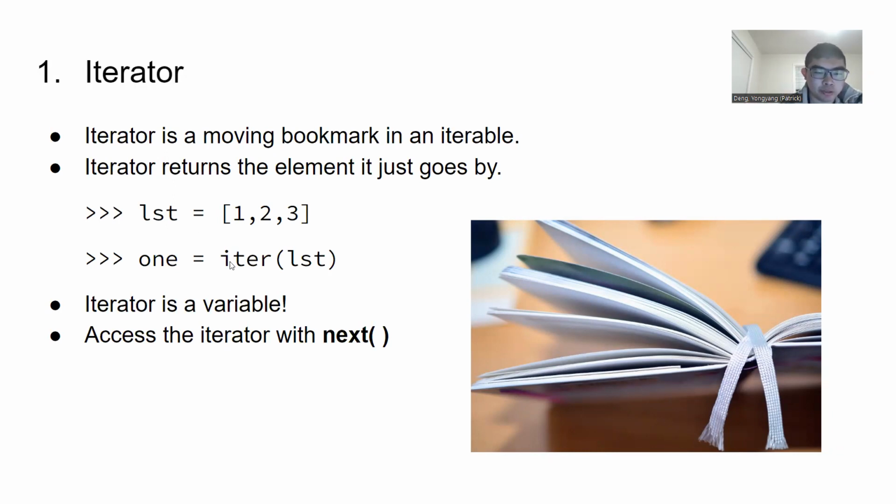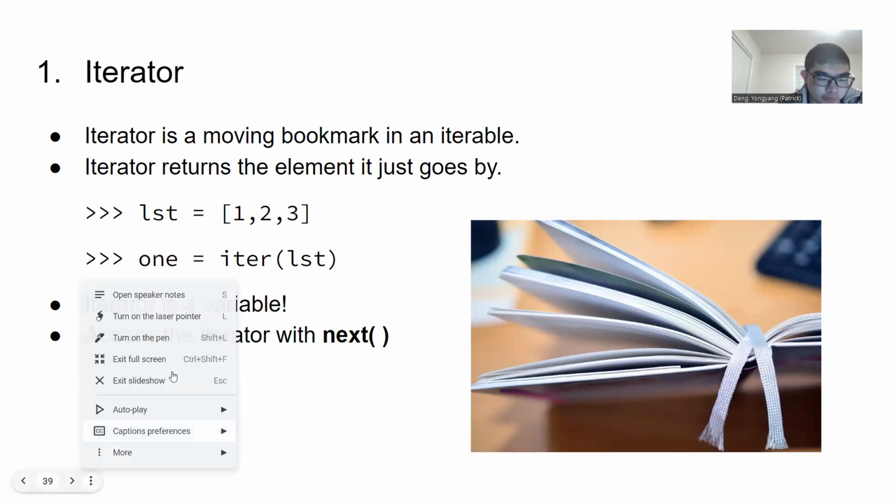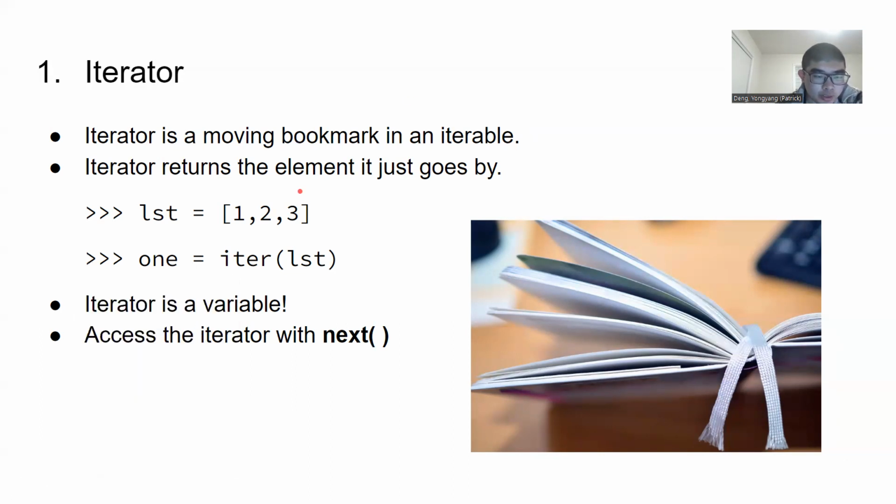Suppose I have a list 1, 2, 3, and in order to create an iterator, you use iterator with parentheses. This is like converting something into an iterator.